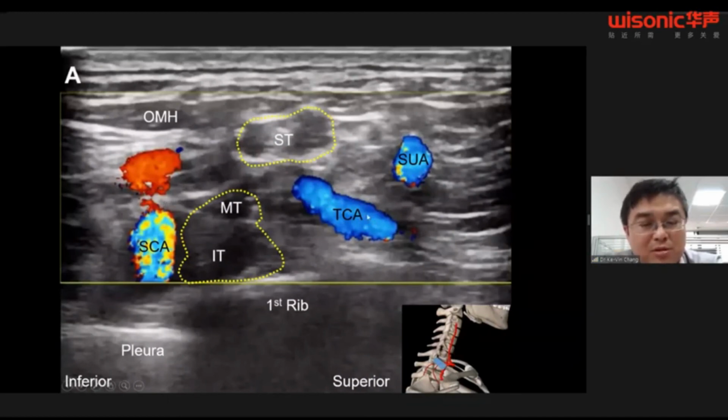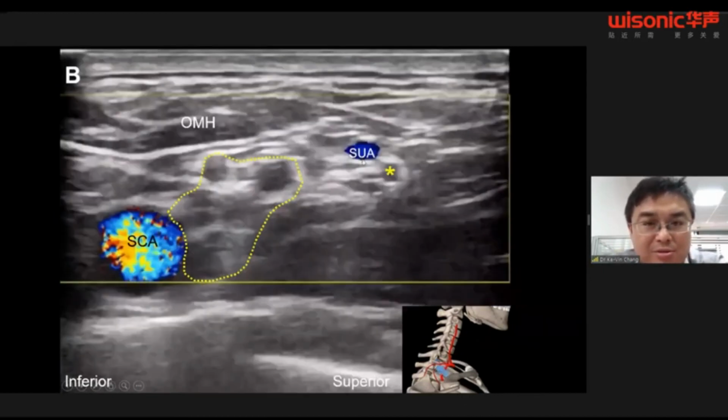Both arteries are branches of the subclavian artery, but the transverse cervical artery originates from the more middle and deeper part, and the suprascapular artery courses more laterally.